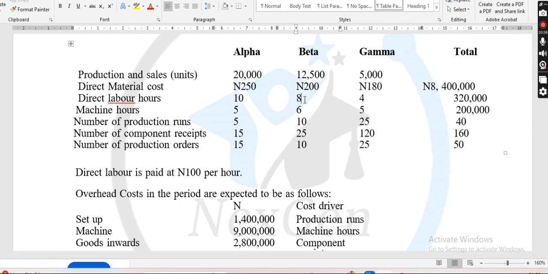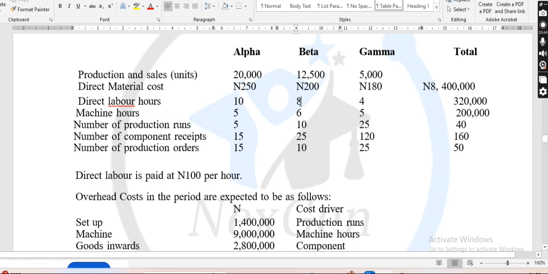You say plus 8 hours per unit. How many hours did you use to produce 1 unit? You use 8 hours. Now, if you use 8 hours to produce 1 unit and you produce 12,500 units, how many hours did you use? 8 hours per unit times 12,500 will give you the total number of hours, right?